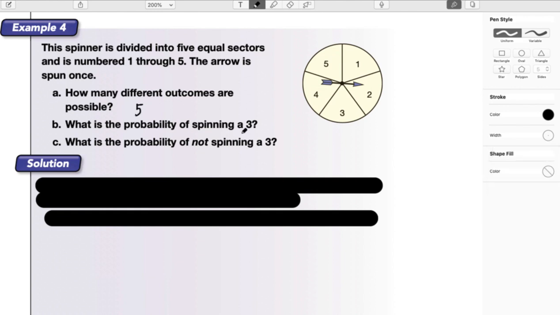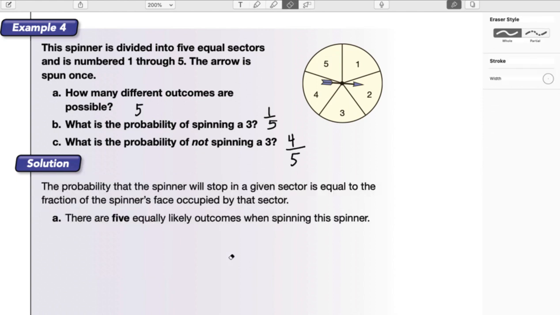What is the probability of spinning 3? There's only one way to spin 3 out of the 5 different outcomes. Therefore, the probability is 1 out of 5. What is the probability of not spinning 3? Well, there's several choices for not choosing 3, and that's 4 choices. 1, 2, 4, and 5. Those are the 4 things that are not 3, and so that's 4 out of 5. And that's generally what the text was telling us.